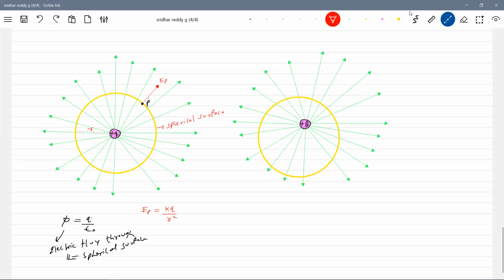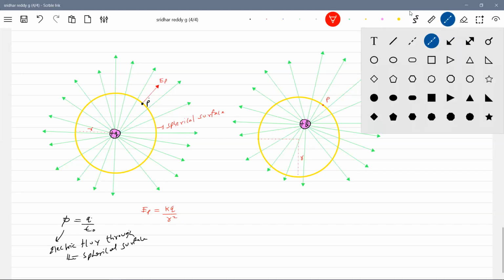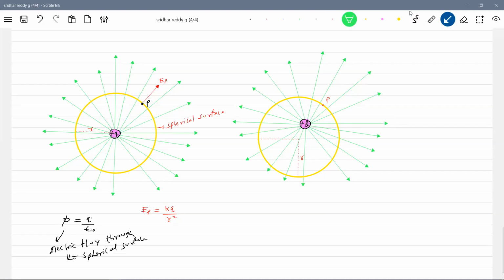Are you noticing? The charge is just shifted away from the center. I'm not going to disturb the point P, it stays the same. One arrow is missing, I'll introduce that arrow. Now you can see this one.